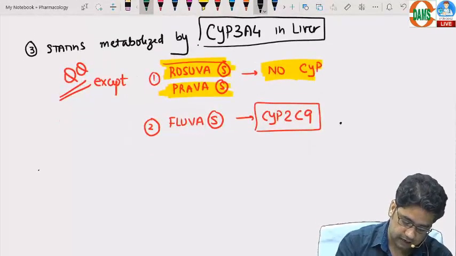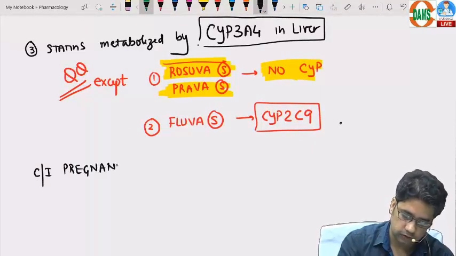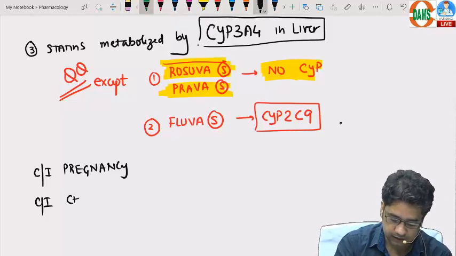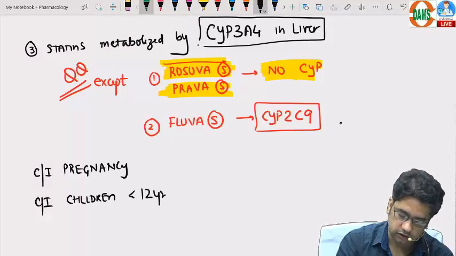they are contraindicated in pregnancy. Absolutely. And they are contraindicated before puberty. Before puberty means बच्चों में, children less than 12 years of age.